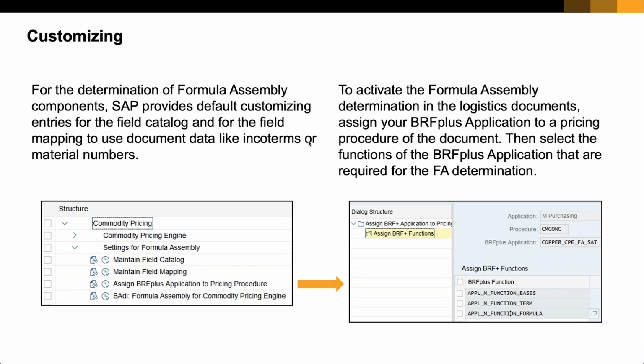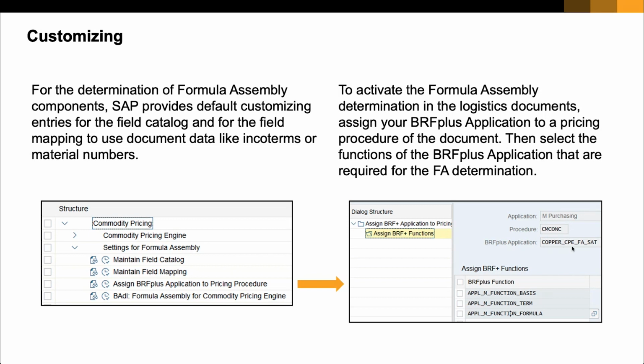So where do we define the BRF plus assignment? If you go to VCP_WB and go to this commodity, this is the spot where we assign the BRF plus application to the pricing procedure. For pricing procedures here, it can be ACM or oil and gas pricing procedure, anything.